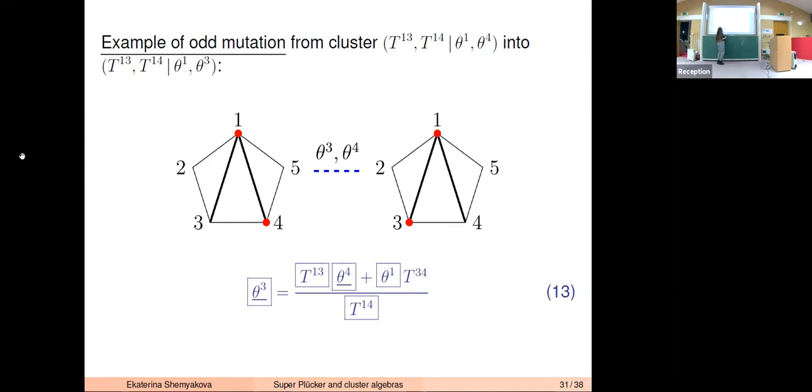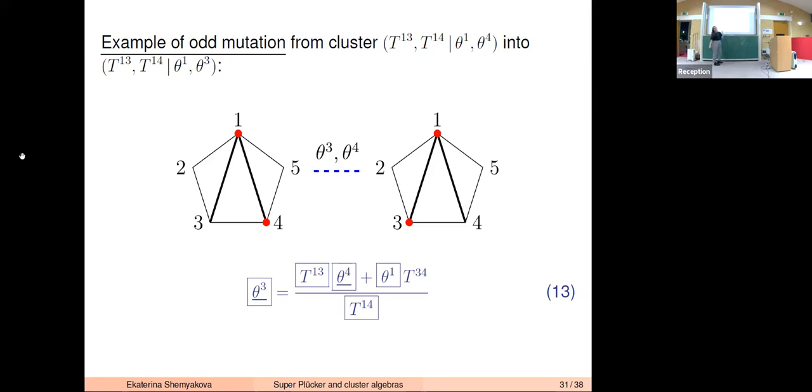Going from here, we do mutation in CT4 and it jumps to CT3, and going backwards, we checked that it's involutive: if you mutate CT3, you get back CT4. The same is governed by this equality.